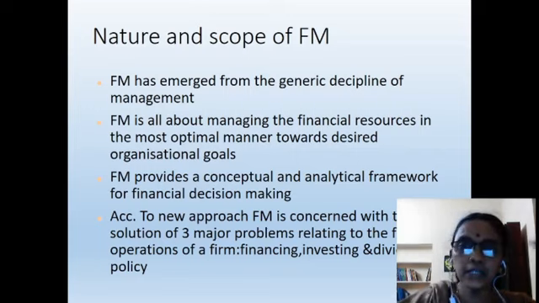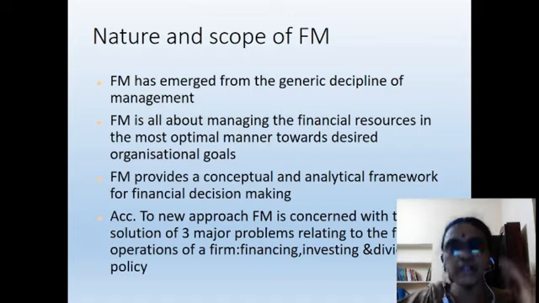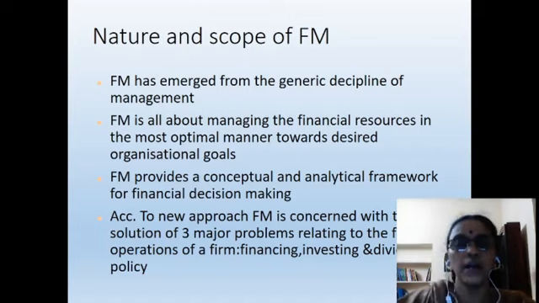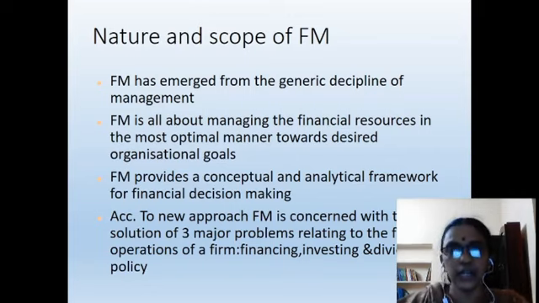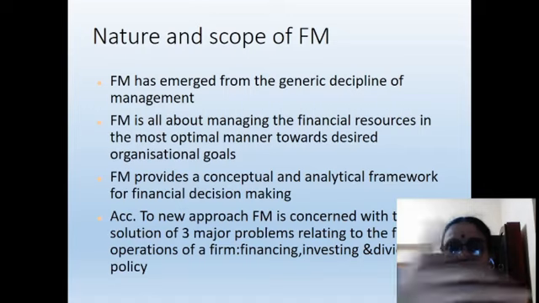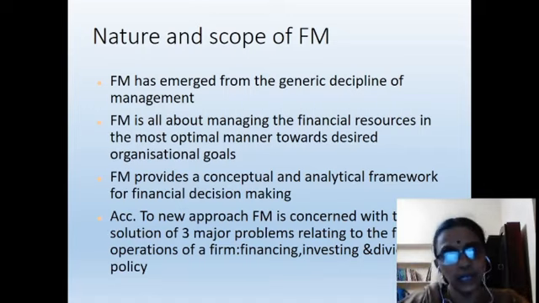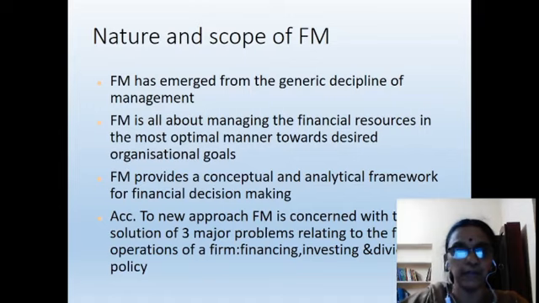The major decision areas of the corporate structure decision and debt equity decisions are actually taken at the strategic level, and other levels of decisions are accomplished by the different levels of financial organizations, those people who are associated in the financial management department or the discipline, which provides a conceptual and analytical framework for financial decision making.